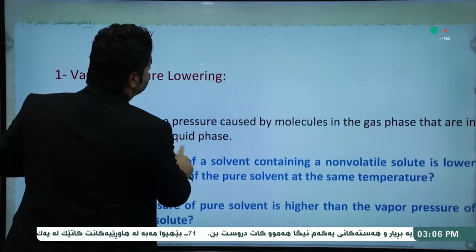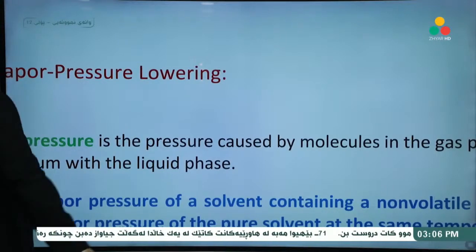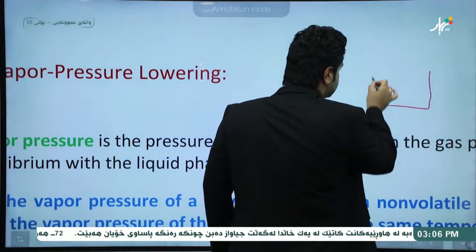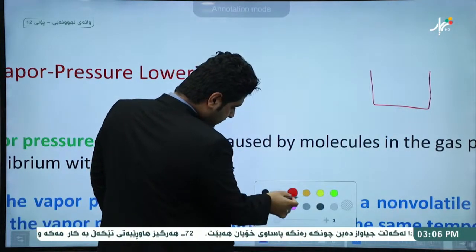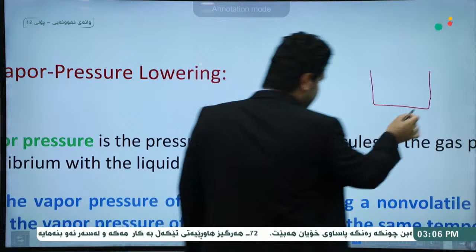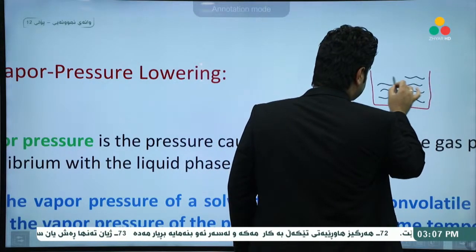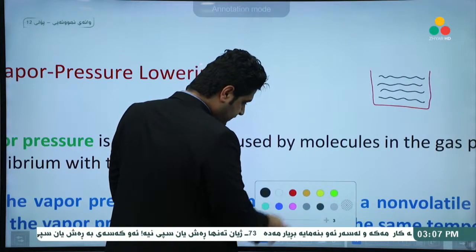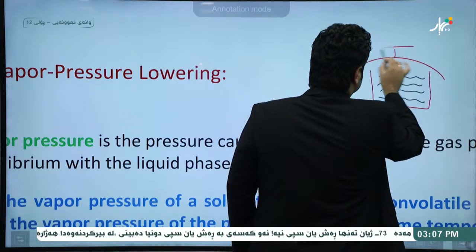First of all, I prefer to explain the vapor pressure here. Suppose that we have a beaker, and let's put some amount of solvent, any solvent. This is some solvent. We should close the cap of the beaker, so I close it.